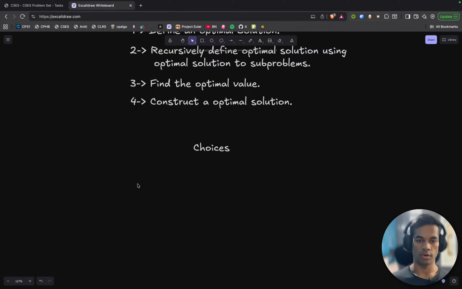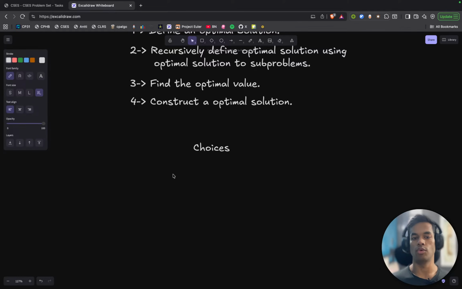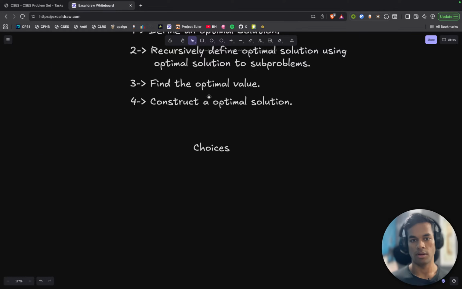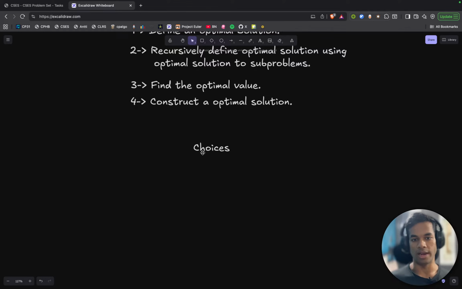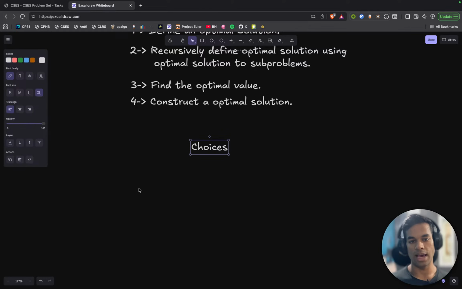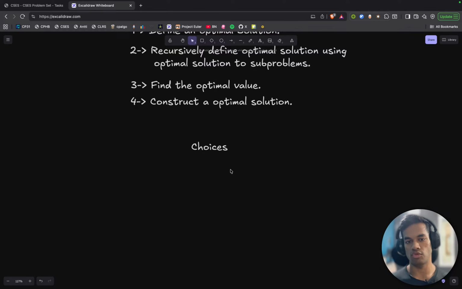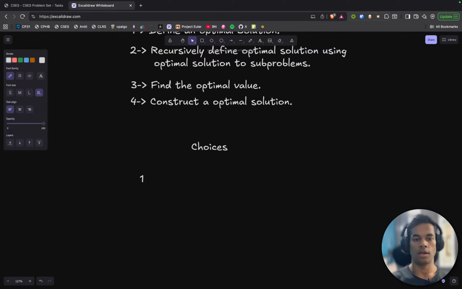Therefore, we need to literally make those choices and find out the optimal value that we could get as a result of making those different choices.